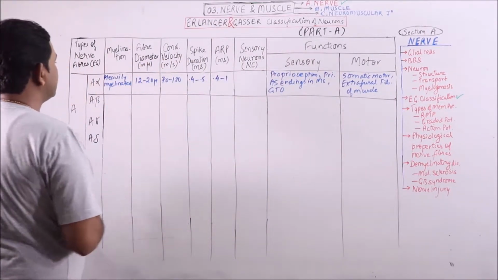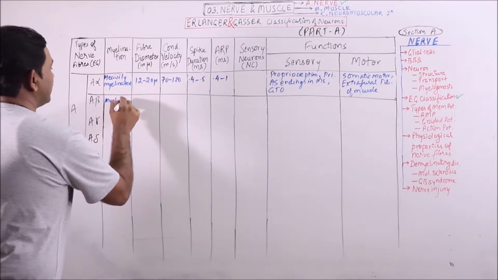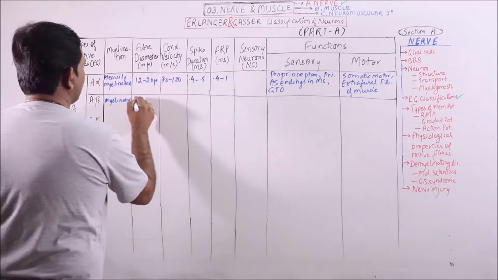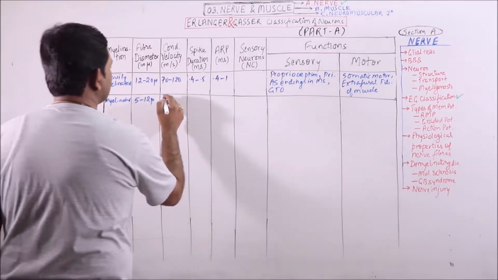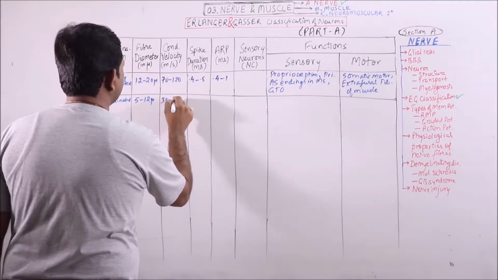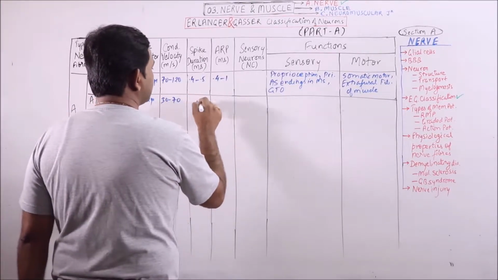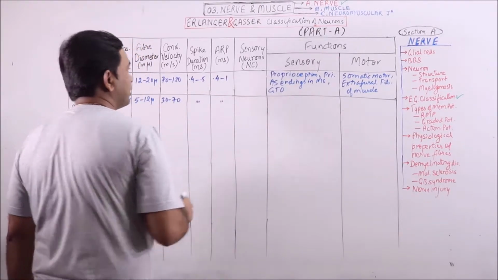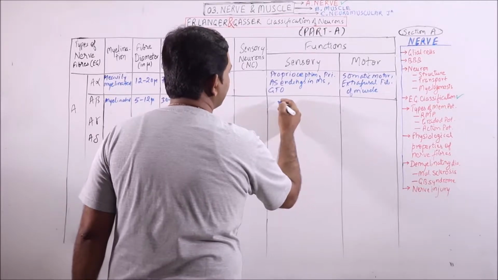Now the second one is A beta. It is also myelinated. Fiber diameter of range 5 to 12 micron. Conduction velocity 30 to 70 meter per second. Spike duration is same. Absolute refractory period is same. Numerical classification will be discussed later on.